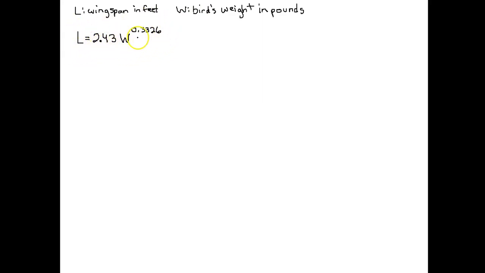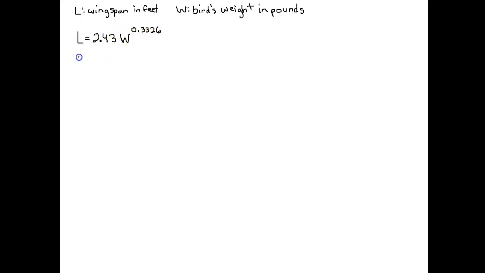L equals 2.43 times W to the 0.3326. This function reflects the data they've collected as they've looked at all different shapes and sizes of birds. We can estimate a wingspan of a bird knowing its weight, or if you know its wingspan, you can estimate its weight. You can go either way. We have this nice power function here, because we have input variable W raised to a power, and then multiplied by that factor of 2.43.